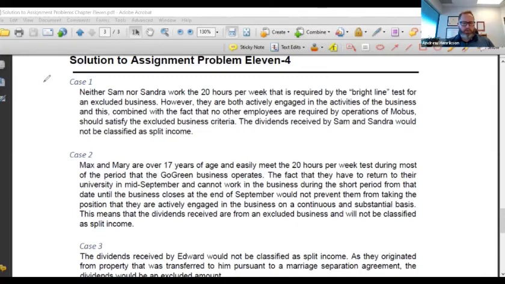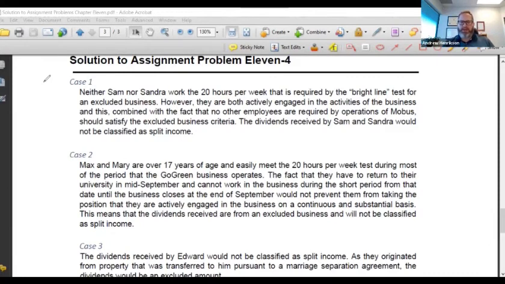It says that Sam works full-time for another corporation, while Sandra has a part-time job in healthcare. They both spend time managing and operating Mobus. Neither Sam nor Sandra works more than 20 hours per week in the business. However, the nature of the corporation's business is such that additional employees are not required.